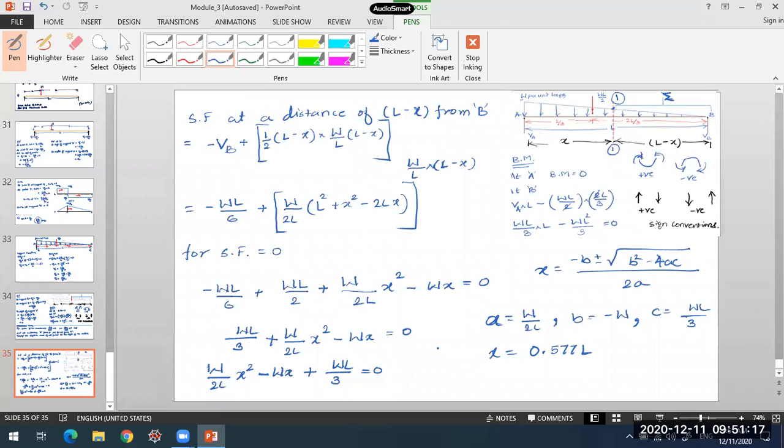And on substituting for this, if you find the maximum bending moment, or the bending moment at a value of x equal to 0.577 L, so that will come out to be, try solving this one, what will be that value.